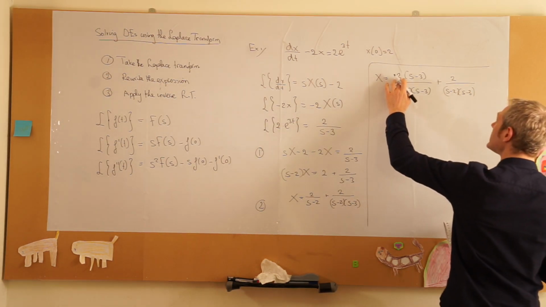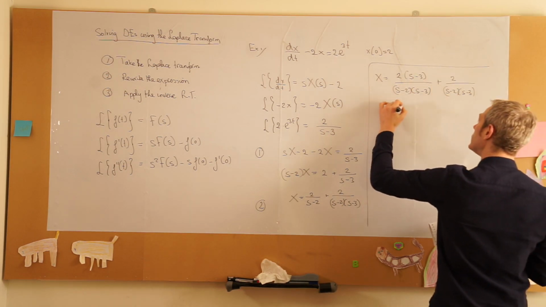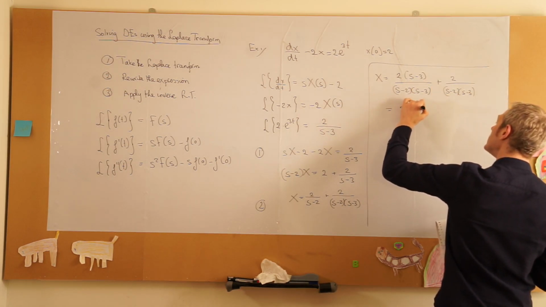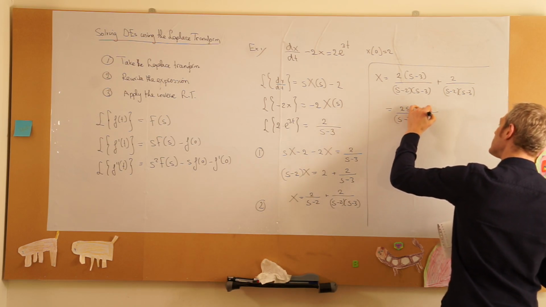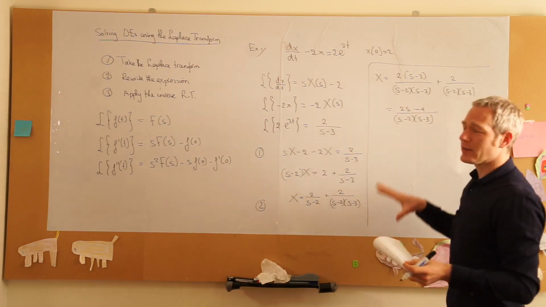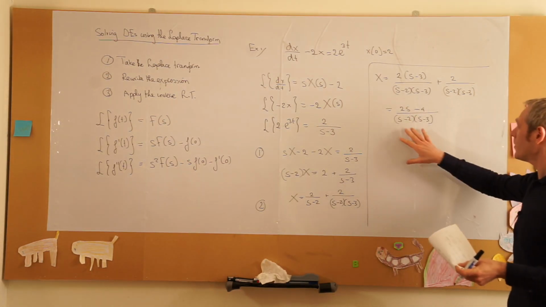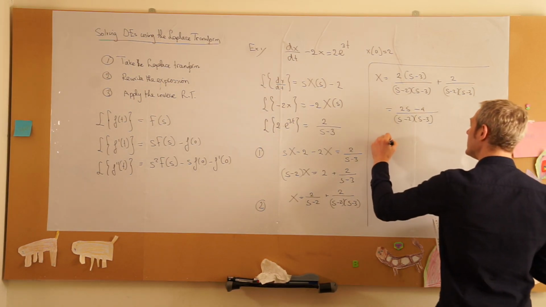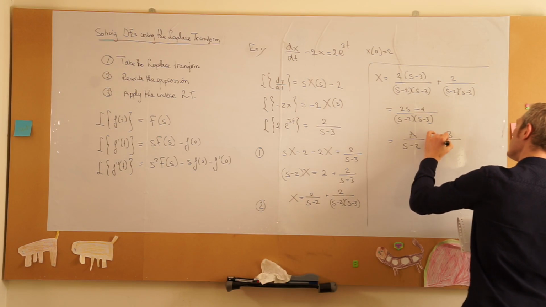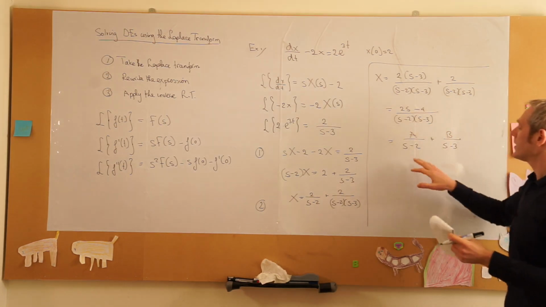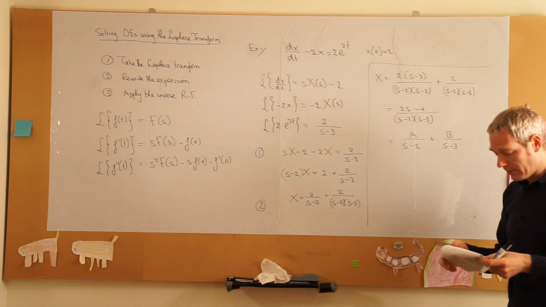We have 2s minus 6 plus 2, which equals 2s minus 4 over s minus 2 and s minus 3. And so now I have this one fraction, but where am I going with this? I want to write this as a over s minus 2 plus b over s minus 3, because if we can write it like this, I can use the inverse Laplace transform and I will be finished.